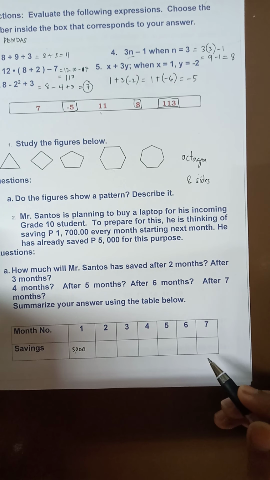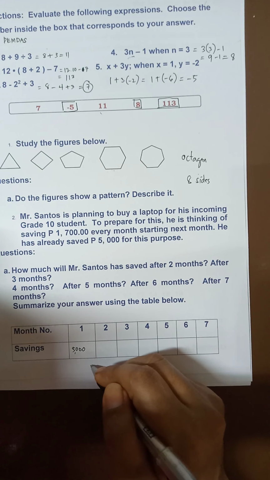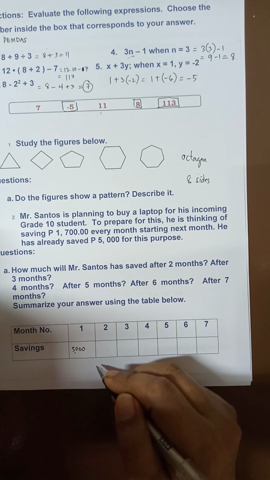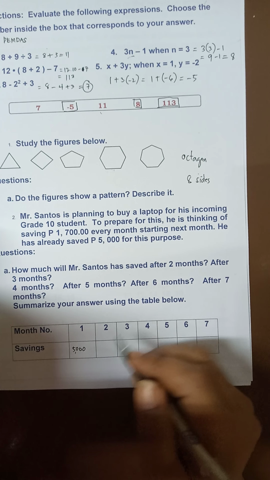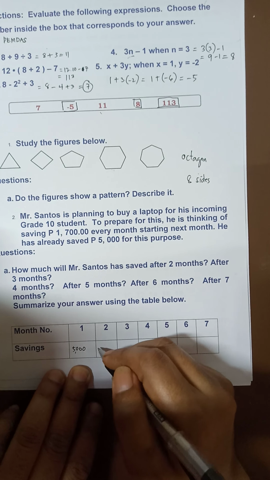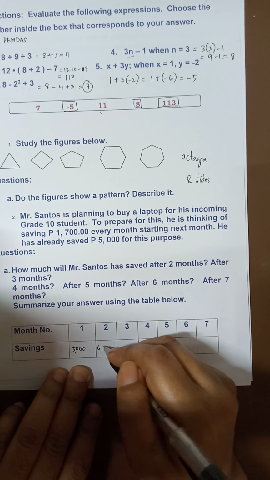Next month he will start saving 1,700 pesos, so the following month he adds 1,700 to the 5,000. Therefore, the next month he will have savings of 6,700.